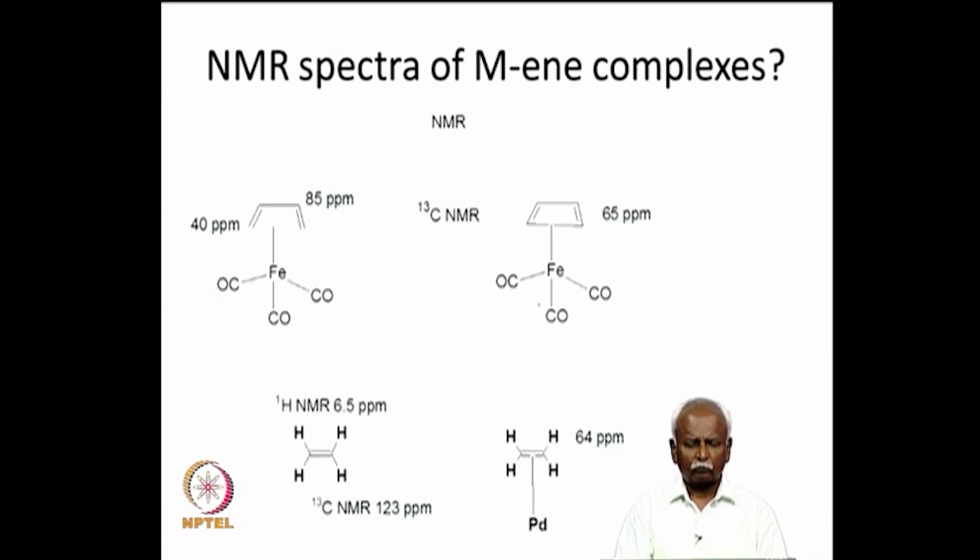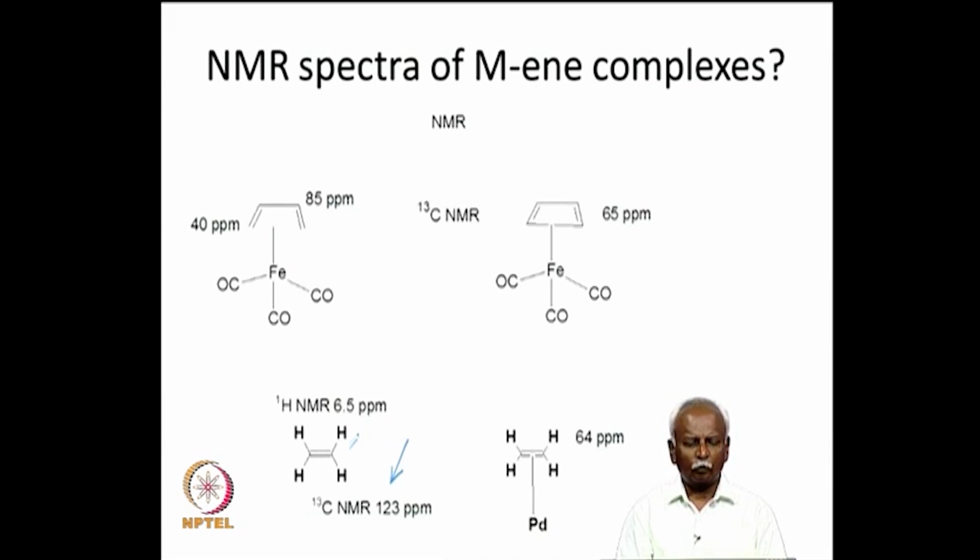So, in the case of ethylene, the carbon-13 resonance occurs at 123 ppm, and the proton NMR of the ethylene hydrogen is at 6.5 ppm.